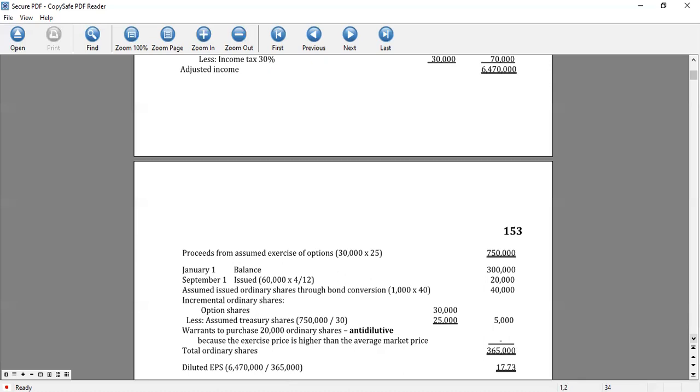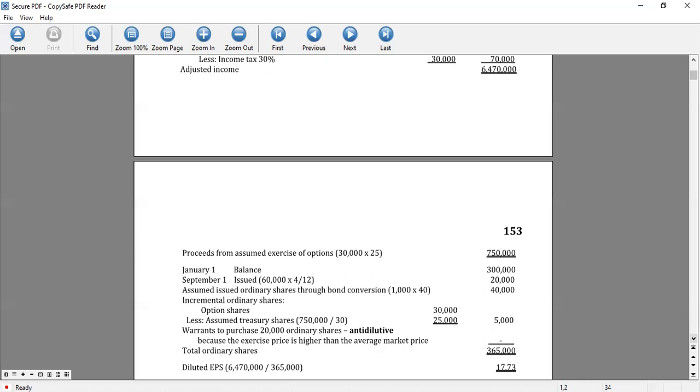On January 1, the balance of the ordinary shares, 300,000. Then we have the assumed issued ordinary shares through bond conversion of 40,000 shares based on the conversion rate. Then we have the incremental ordinary shares with the option shares equal to 30,000. We now deduct the assumed treasury shares by dividing 750,000 by 30.